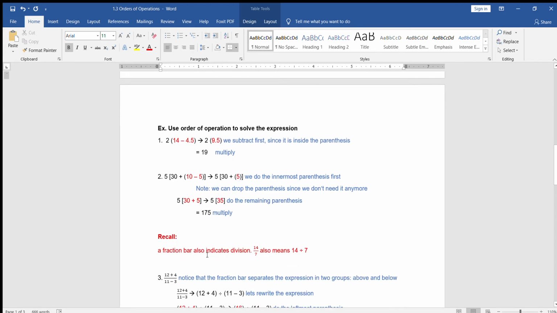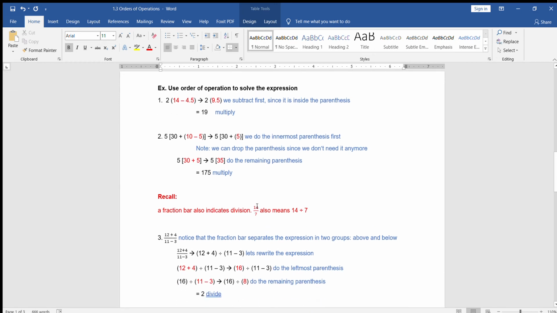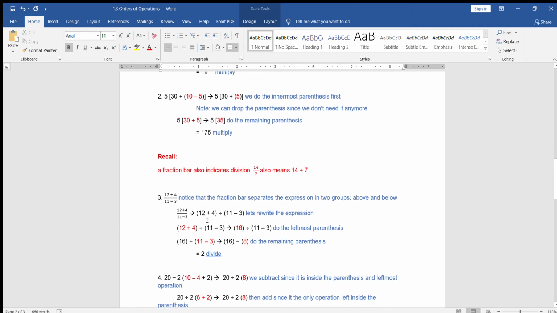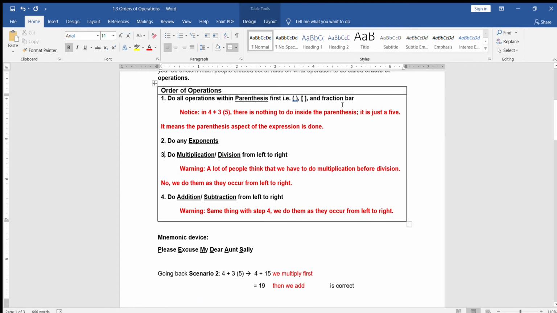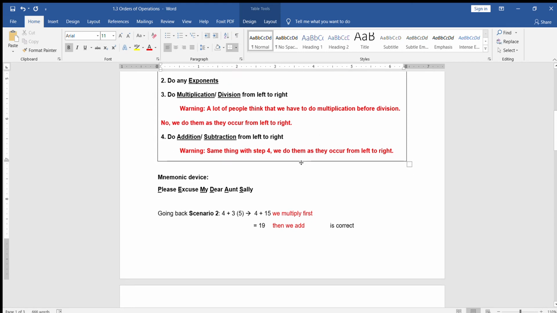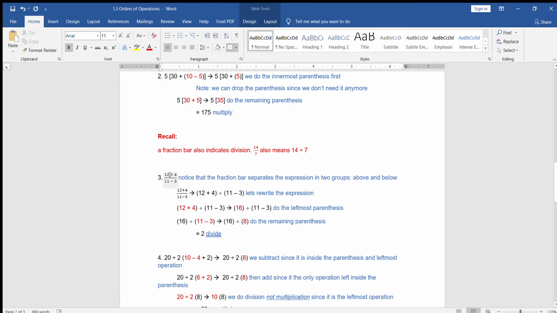Now, hopefully your previous teachers told you guys that a fraction bar indicates division. An example of this is 14 over 7 also means 14 divided by 7. Why is that important? Well, the next question involves a fraction bar. A fraction bar is kind of like a parentheses. So in this case, we have 12 plus 4 over 11 minus 3.